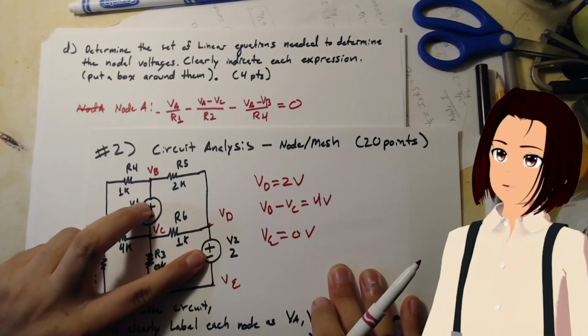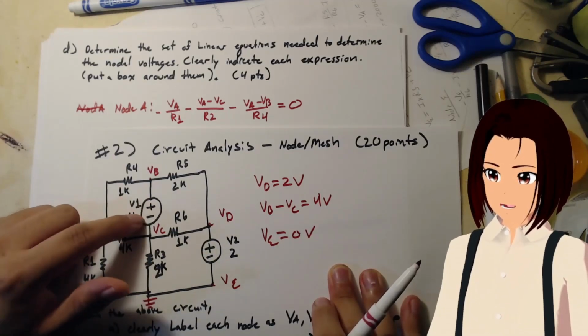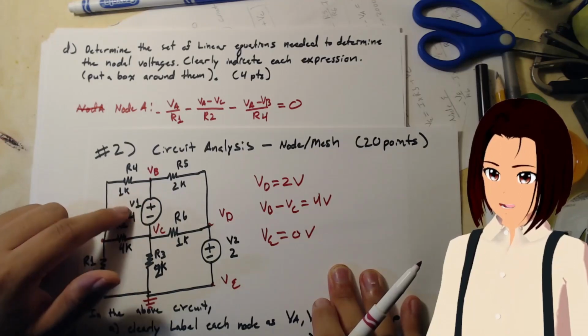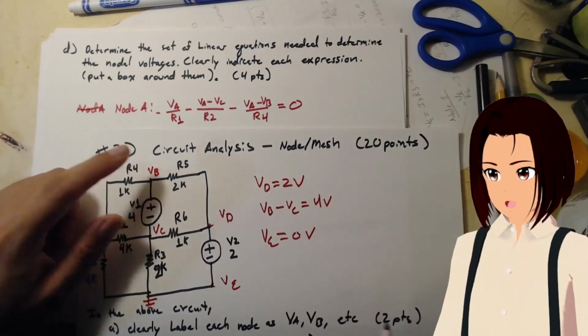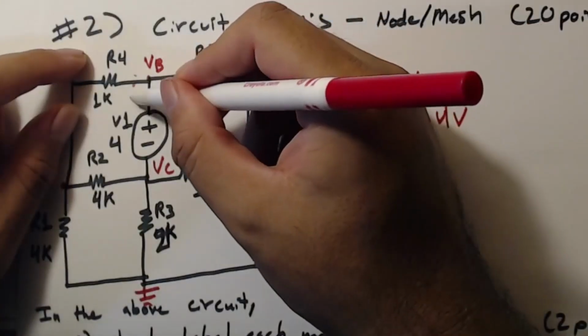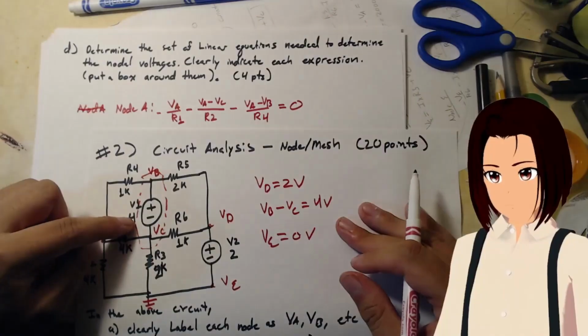So what do we do about node? For this guy, we have to use a super node. So basically, VB and VC are like one node.